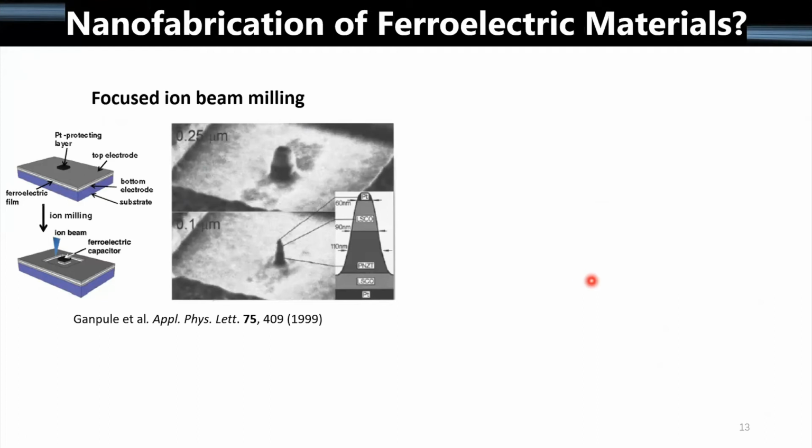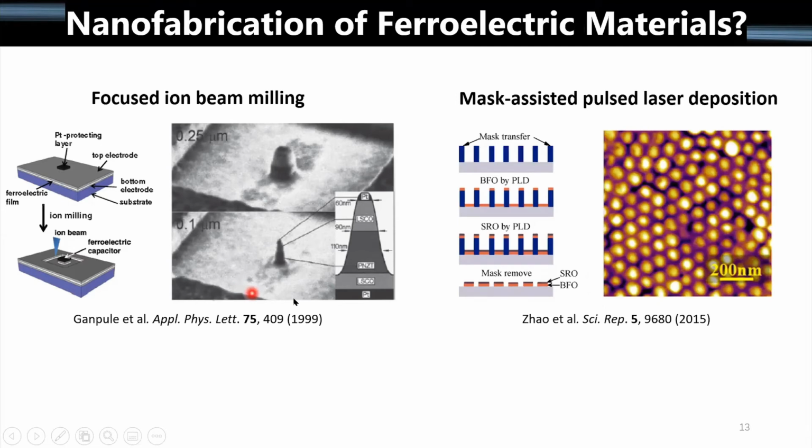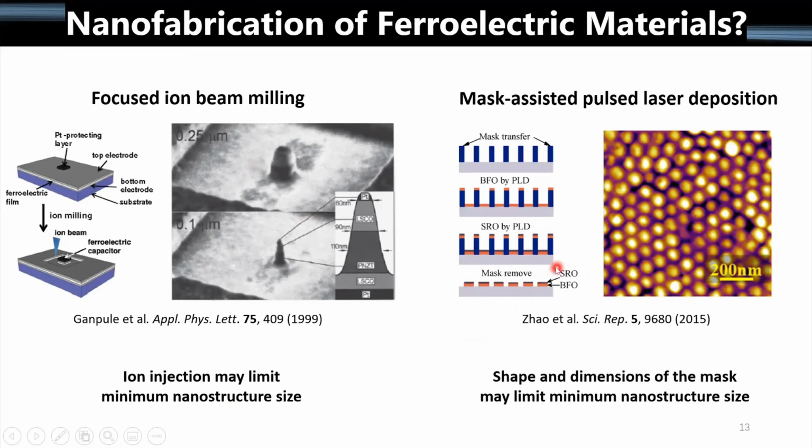And there are a variety of different top-down and bottom-up approaches for this, including focused ion beam milling, mask-assisted pulsed laser deposition, so depositing through a mask, or some kind of self-assembly. And so we're curious to see where an AFM-based machining approach fits into this. There might be limitations in the nanostructure size due to ion injection damage, and certainly there might be a mask limitation at some point here.